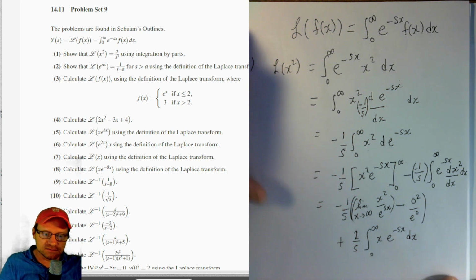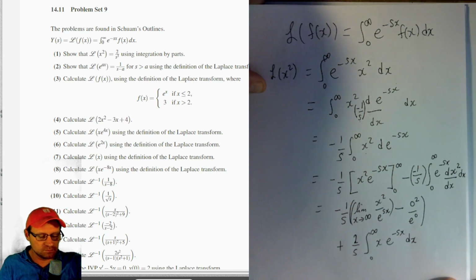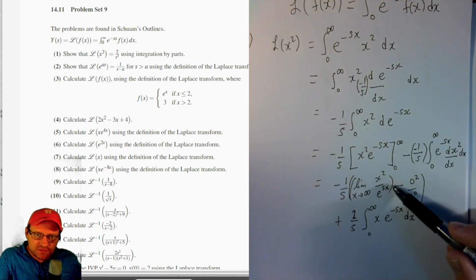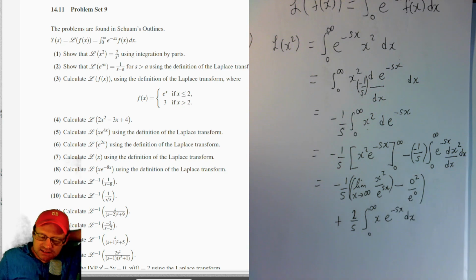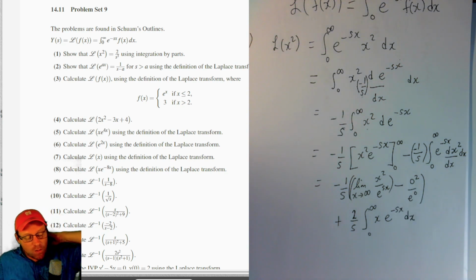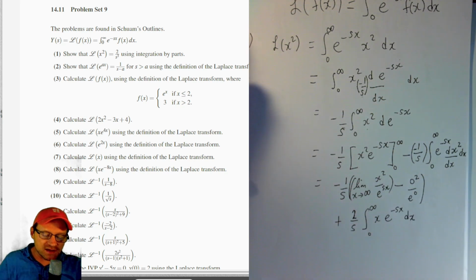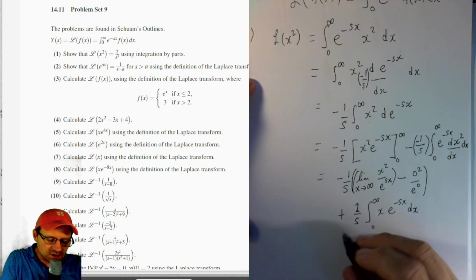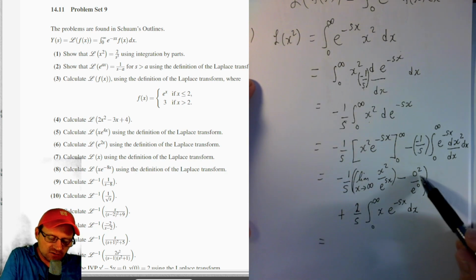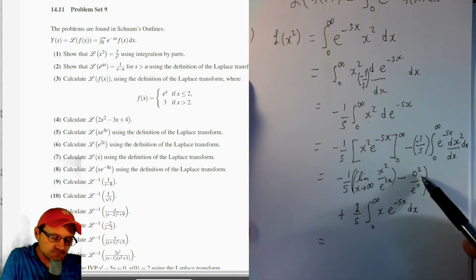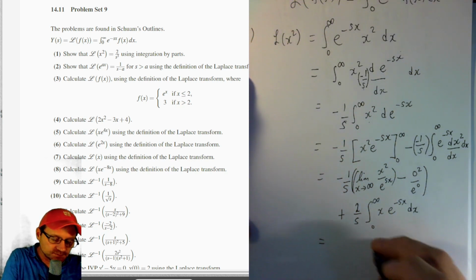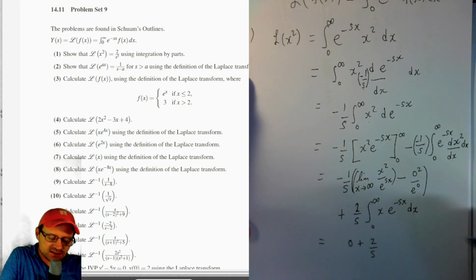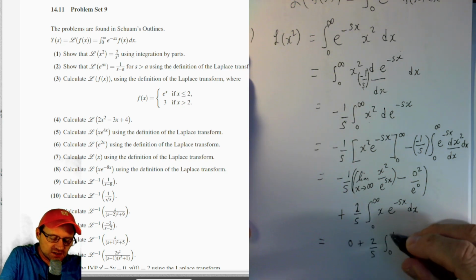Okay, so let's continue this. Now, in this line, what we have then is 0 for this limit because e to the sx grows faster than x squared, provided that s is positive. Okay, and so we'll get a limit of 0 for that. Now over here, we have 0. Okay, and so that's 0 plus 2 over s, integral 0 to infinity.